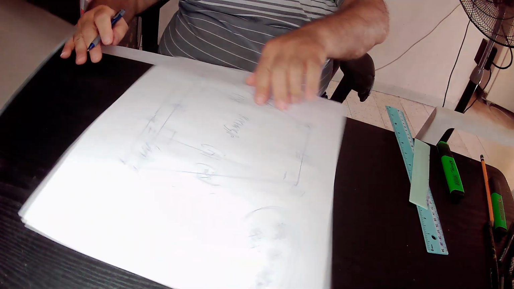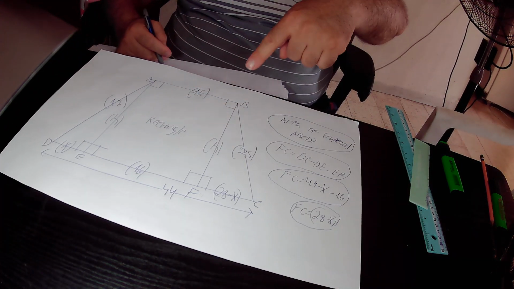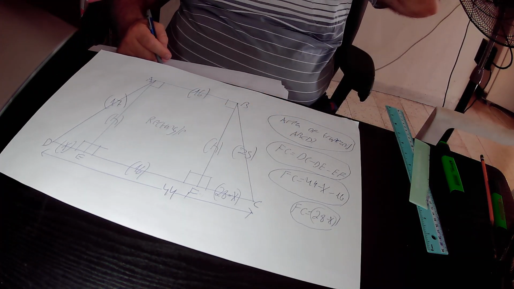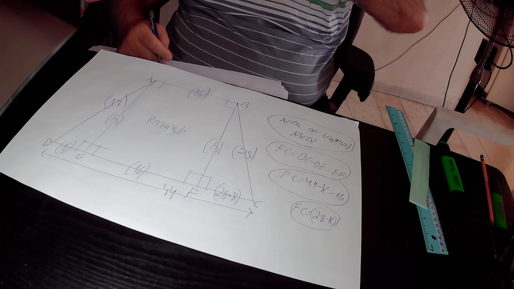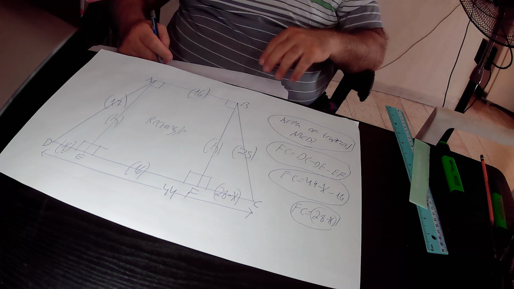In the next step, I'll copy the right triangle BFC to a new page and we'll implement the Pythagoras theorem on this right triangle BFC.